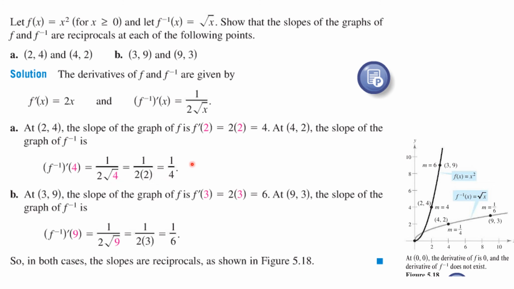So you see these slopes, 1/4 and 4, are reciprocals of each other. Similarly, when you do the other point, you're going to get 6 and 1/6. And here's a picture talking about that a little bit. You want to note that the derivative of the inverse does not exist at 0.